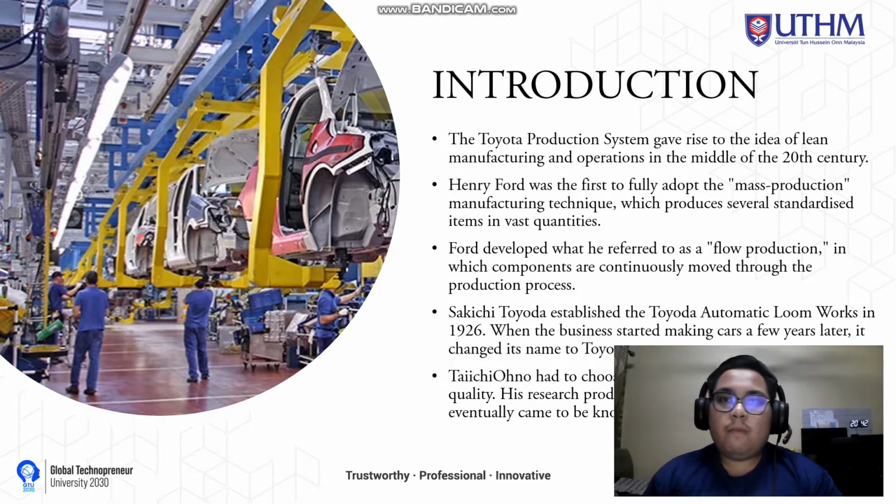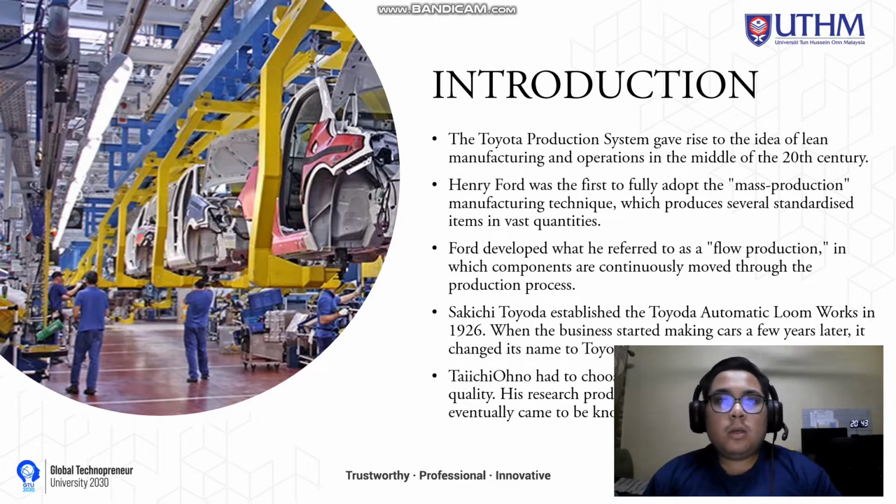Eiji Toyoda realized, after examining Ford's manufacturing methodology for mass production, that it could not be applied to Toyota. The Japanese market was too tiny and diversified. The consumer wanted everything from a little car to the most opulent automobile. Ford's strategy of mass manufacturing placed more emphasis on output than on consumer feedback.